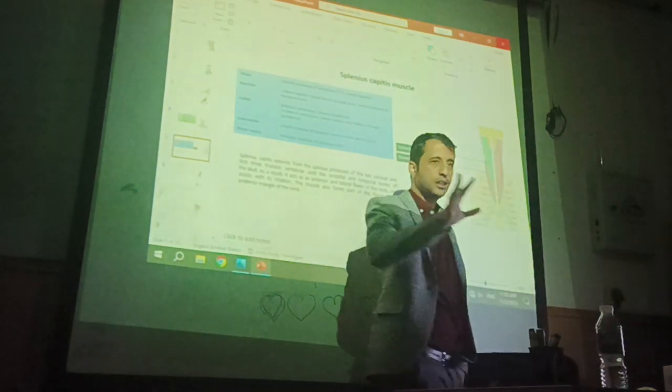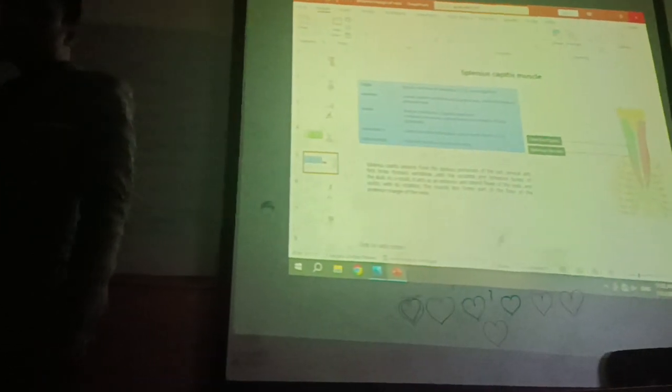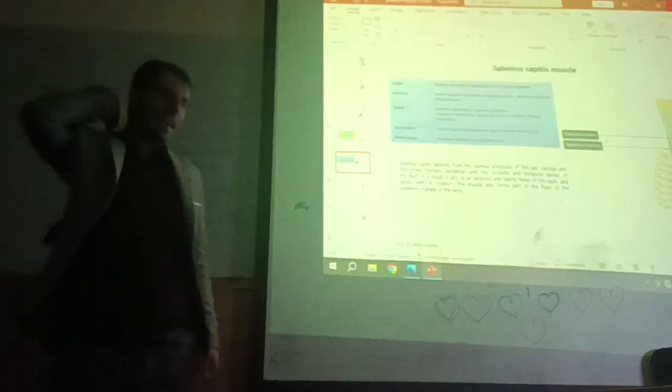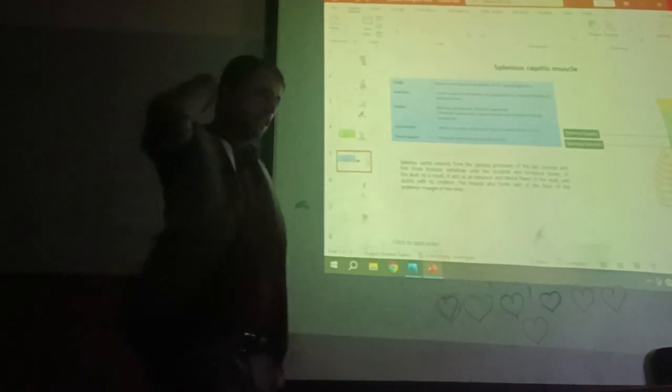This muscle is located in the posterior and deep part of the cervical area.